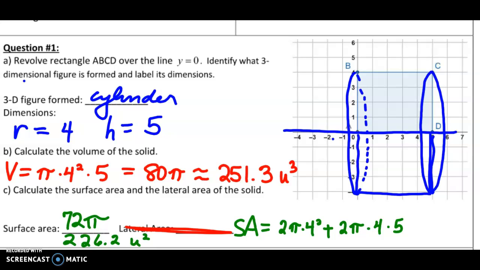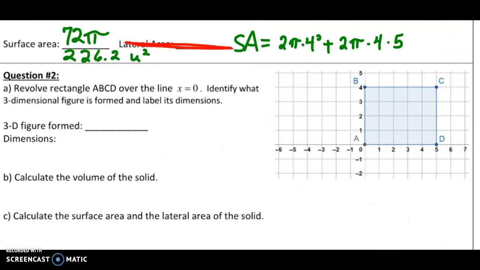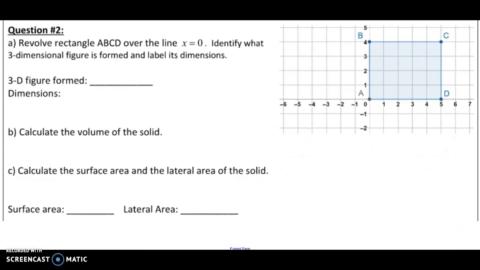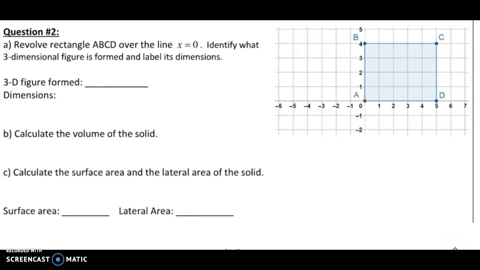All right, let's try this one down here. Okay, we're going to revolve again. I think it's the same shape, but this time we're going to revolve it around x equals 0, and when x is 0, that's the y-axis.